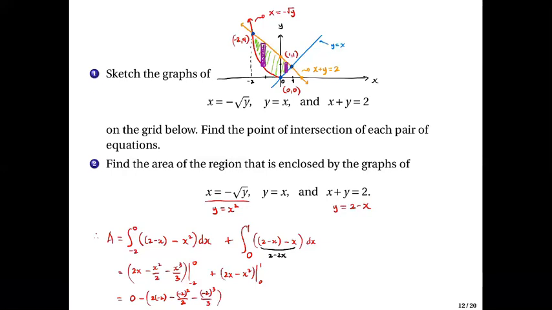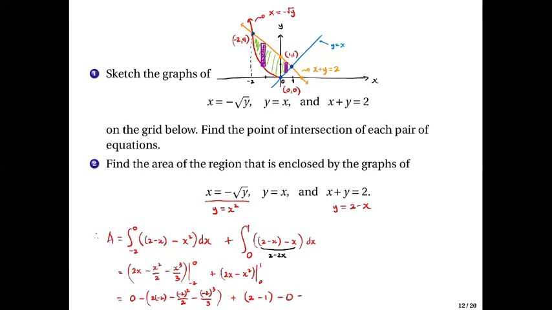That's for the first integral. For the second integral, at x equals 1, we have 2 minus 1. And then at x equals 0, it's just 0.